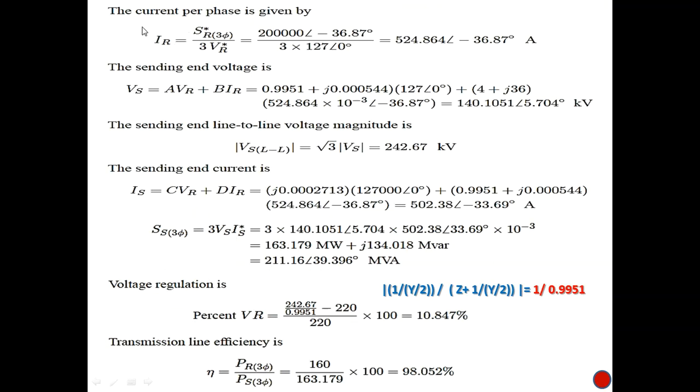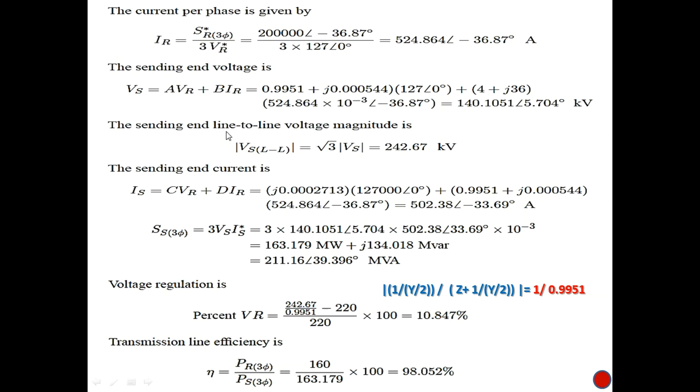So here the current per phase is given by the three-phase apparent power conjugate divided by 3 times the voltage per phase conjugate. And Vs is equal to A VR plus B IR, which is equal to 140.1 with angle 5.7 degrees kV.